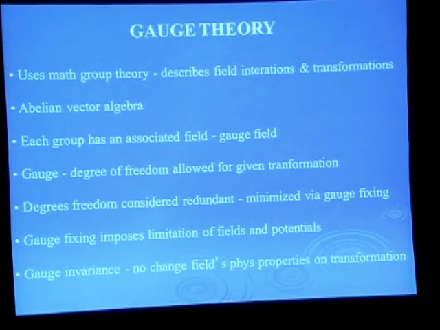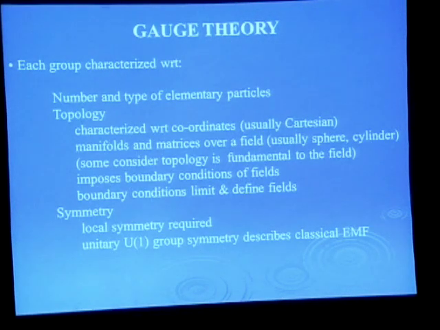That's, again, another way in which the fields are limited in their properties and in their behavior. Gauge theory is, again, based on group theory, and the groups are characterized primarily in terms of their topology and their symmetry.